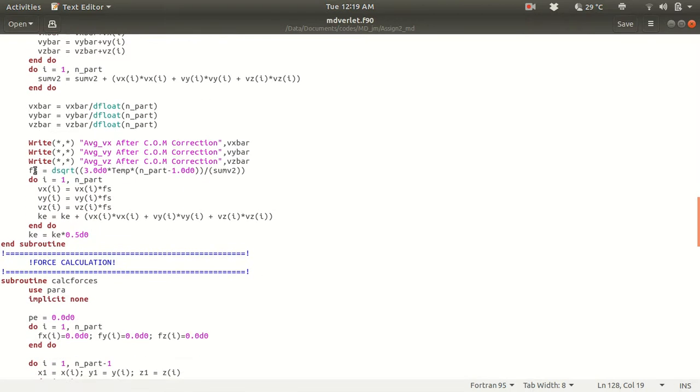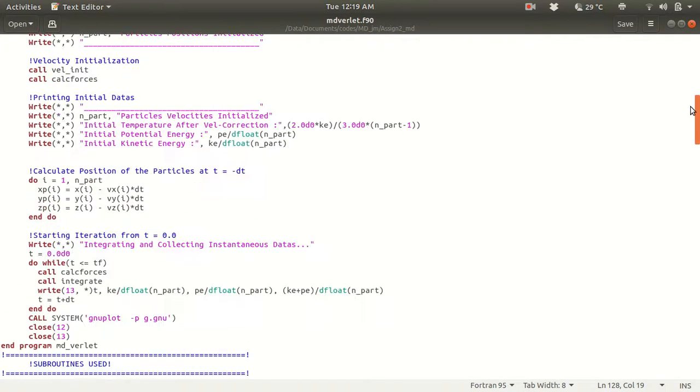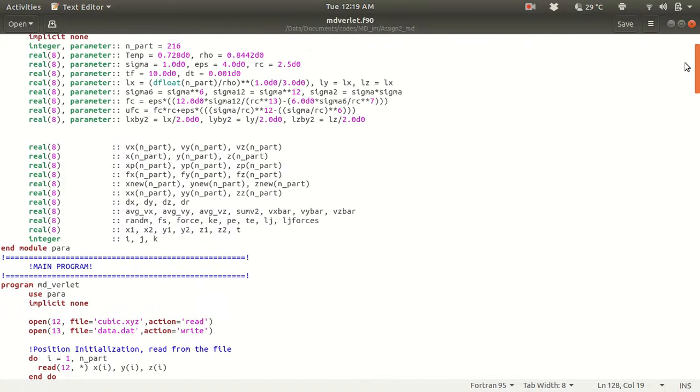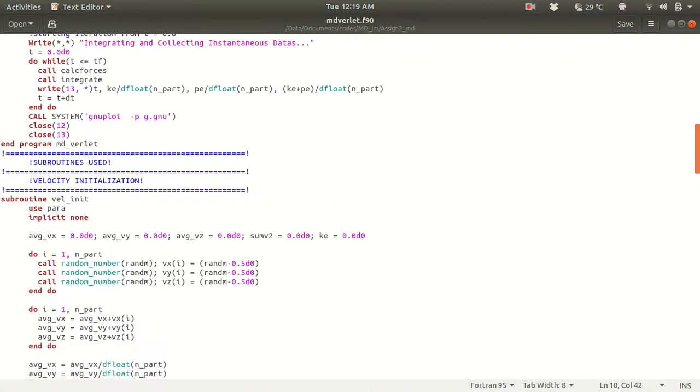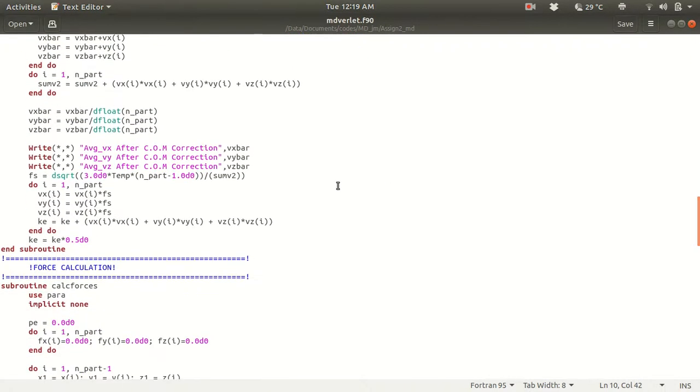So now we have to scale the velocity. Initially we will be at a temperature which I have defined, temp to be 0.728. So we have to ensure that our velocities are at this temperature, and for that I will need a scaling factor, which is Fs.